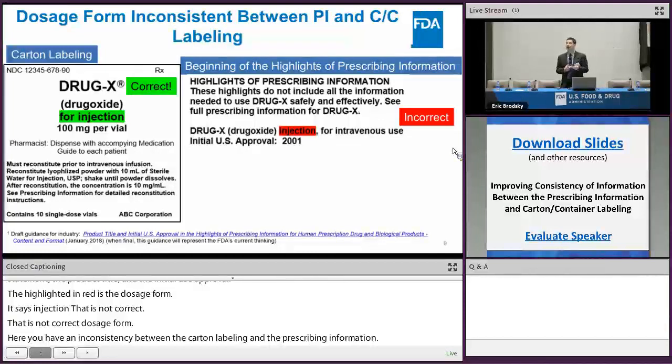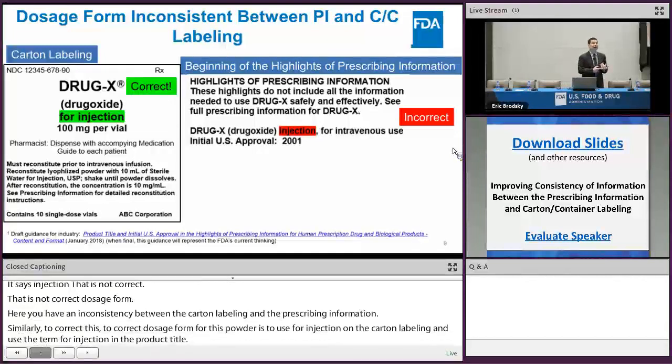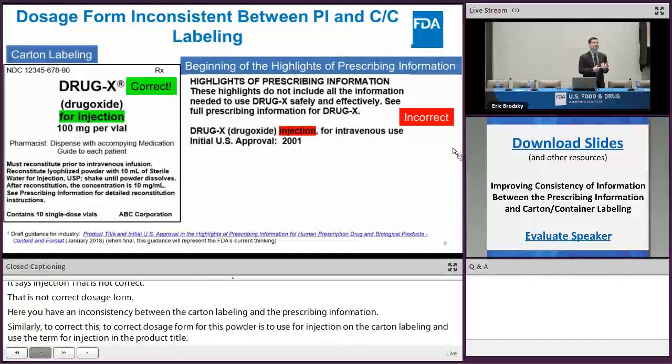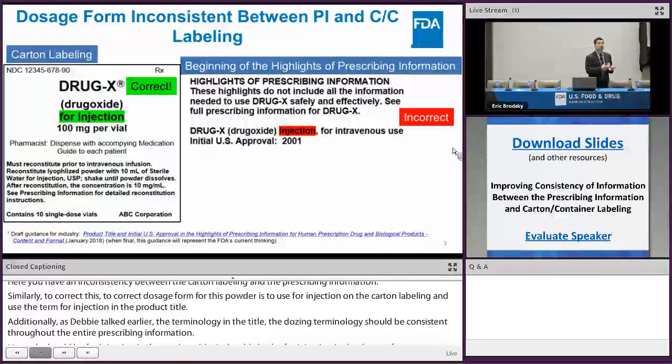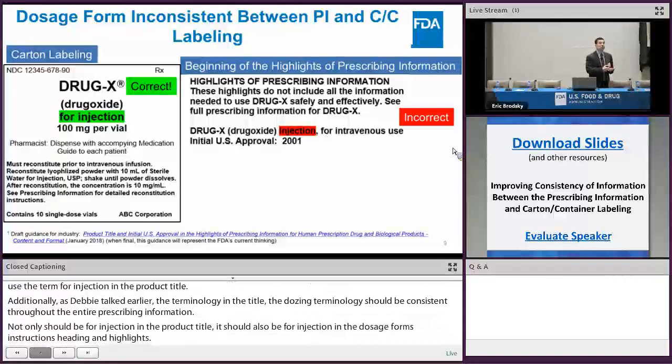Additionally, as Debbie Beitzel talked about earlier, the dosage form terminology in the product title should be consistent throughout the entire prescribing information. So not only should it be "for injection" in the product title, it should also be "for injection" in the dosage forms and strengths heading in highlights, and also sections 3, 11, and 16: dosage forms and strengths, description, and how supplied, storage, and handling sections of the prescribing information.